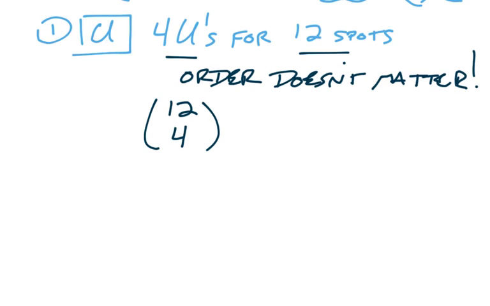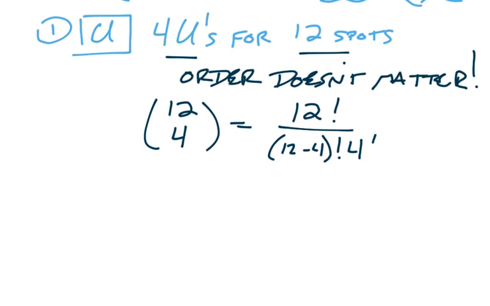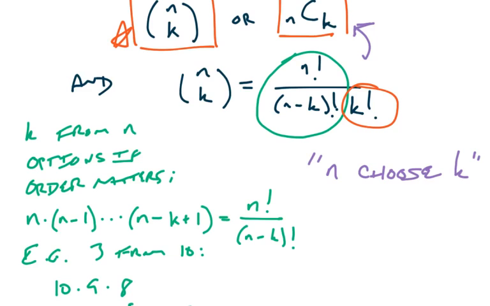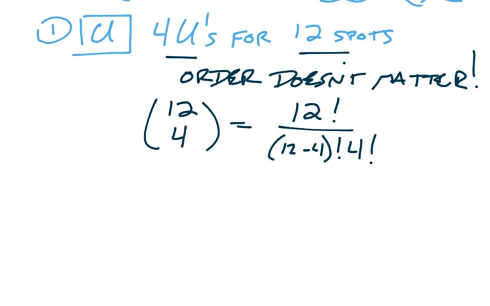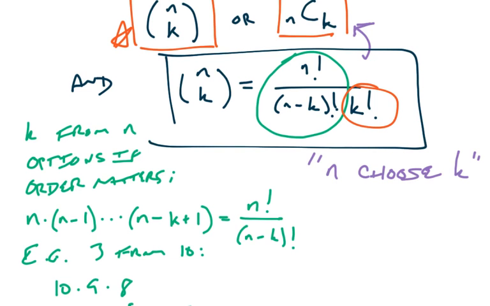We just need to pick any 4 of those spots for our uppercase letters to be in, and the order in which we choose them doesn't matter. So this is going to be 12 factorial over 12 minus 4 factorial times 4 factorial. And here I'm just using this formula that I derived right here, with n equal to 12 and k equal to 4.